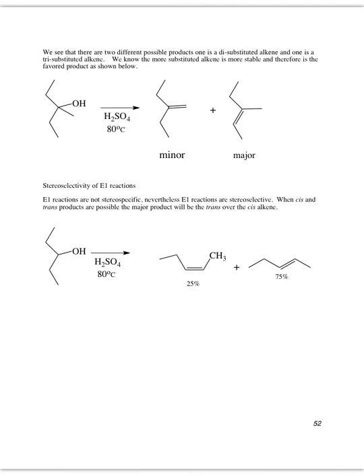So how are we going to decide what can happen in the reaction, since there are two different products possible to form? We need to think about what kind of stability the alkenes have. If we go with the double bond out to the CH3, we get a di-substituted alkene.